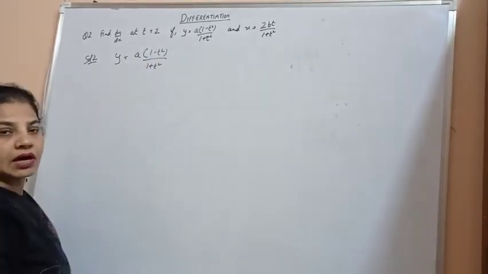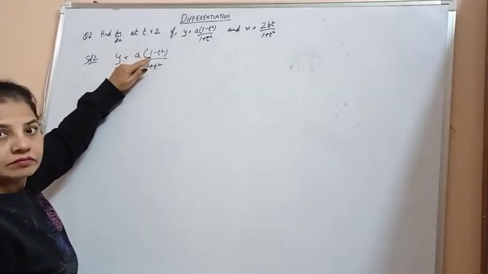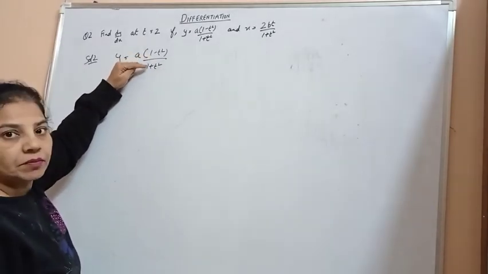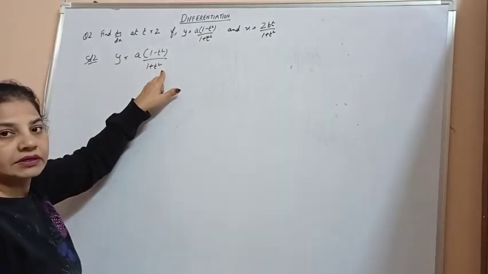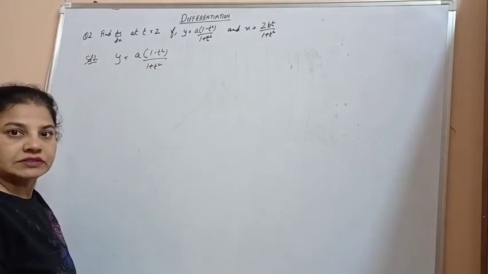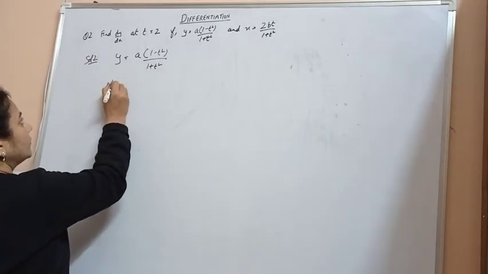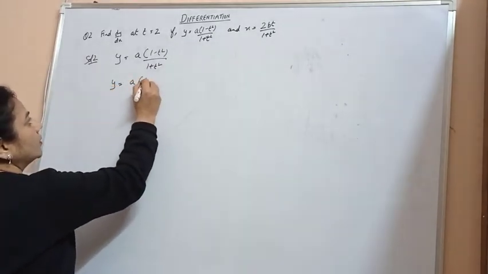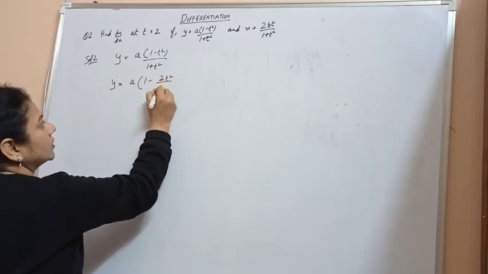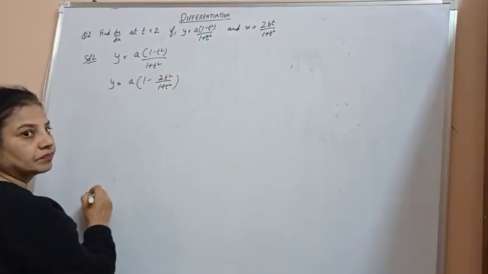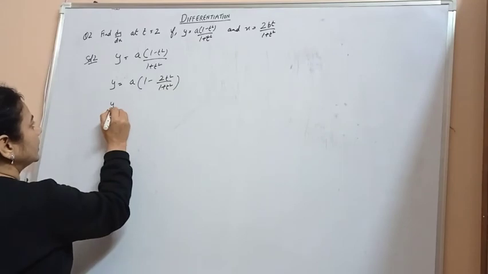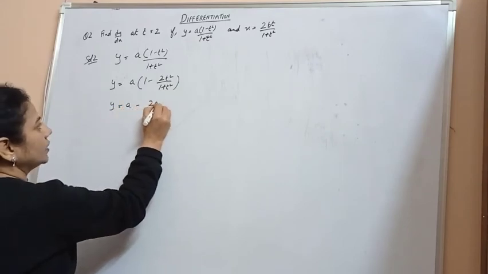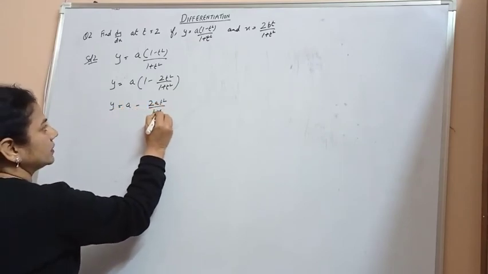As numerator and denominator are of the same degree, the degree of t is 2 and here the degree of t is 2. So what we do, we simply divide it so that we get y is equal to a into 1 minus 2t square upon 1 plus t square. Multiply by a, y is equal to a minus 2a t square upon 1 plus t square.